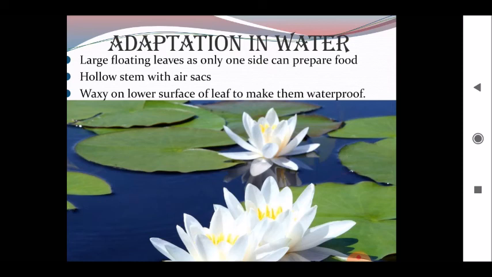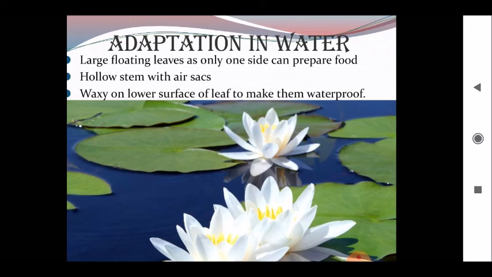Next, student, adaptation in water. Plants that grow in water are also called hydrophytes. Hydrophytes have large floating leaves, as only one side can prepare food.